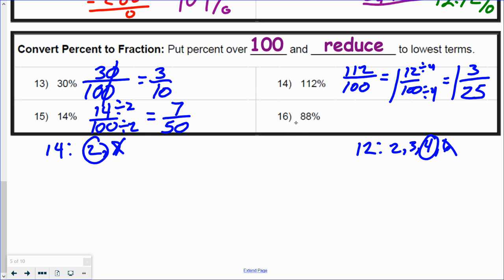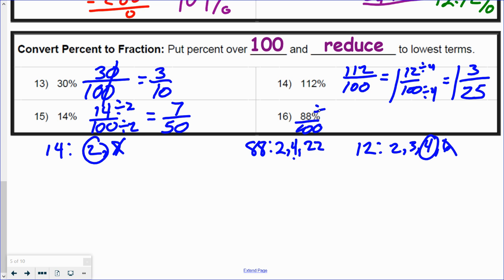Now take 88. We're going to divide it by 100. Numbers that go into 88. Well, obviously 2, 4, 22 that I can think of off the top of my head. These are just ones I could think of off the top. Also 8, 11, but those don't go into 100.